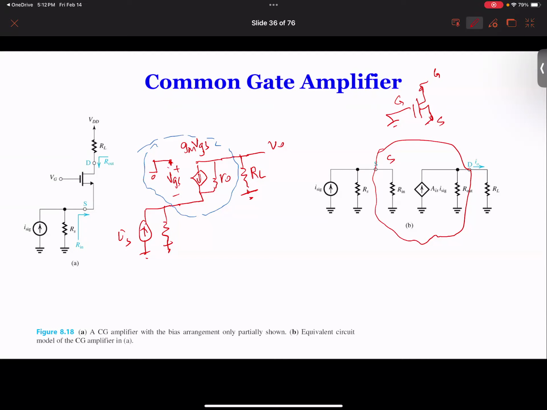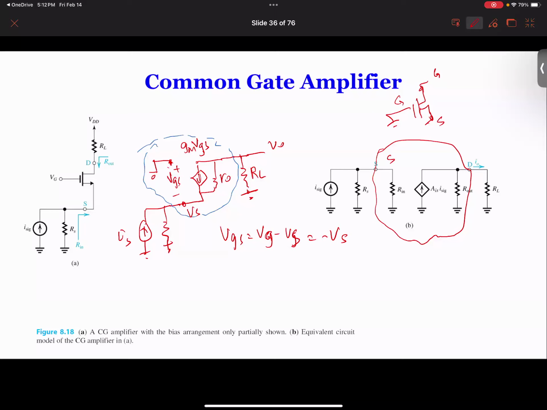So we can find that VGS is, if we find the voltage over here and call it VS, then VGS is VG minus VS, which is going to be minus VS. That's something you can do, and we need this because later on we will find a VS related to it.